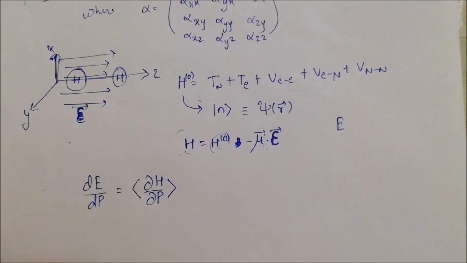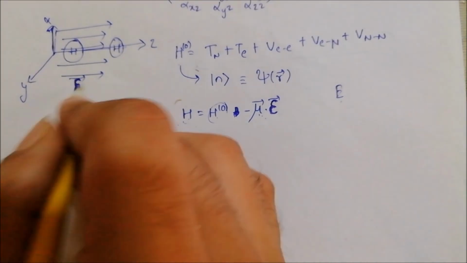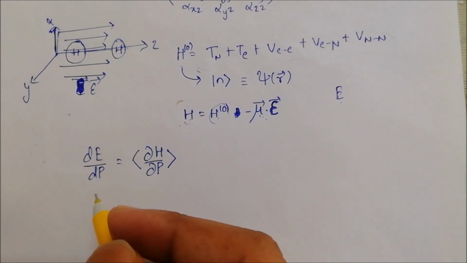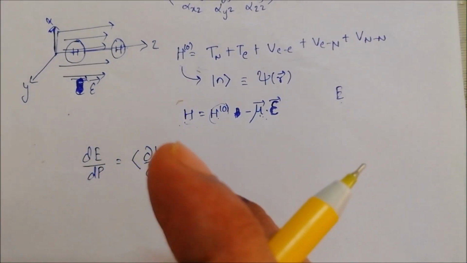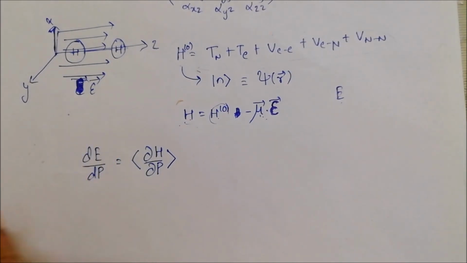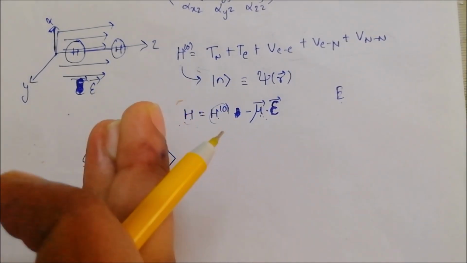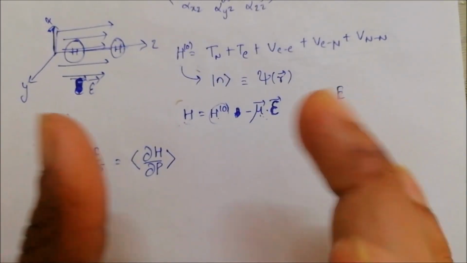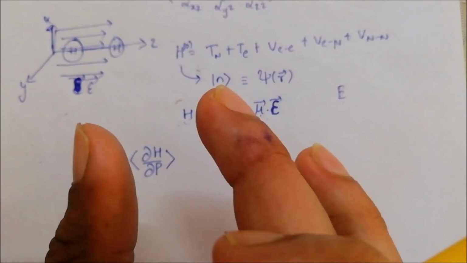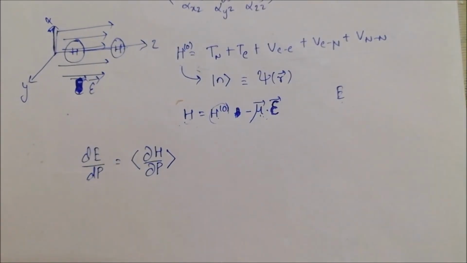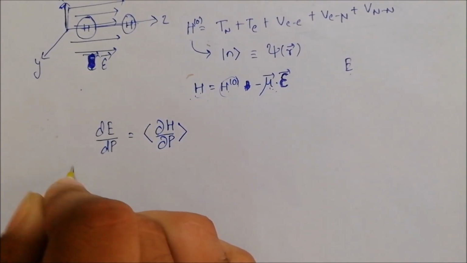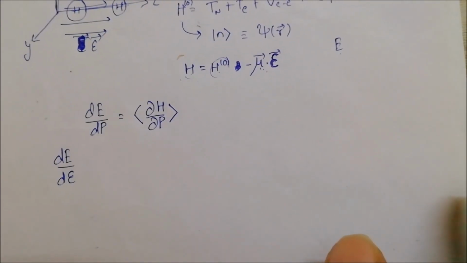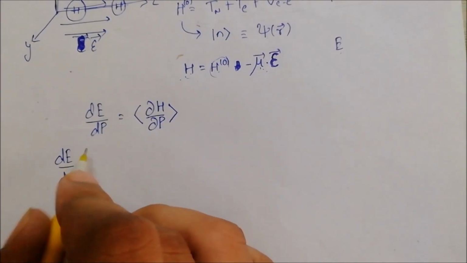So here, suppose we take this electric field as the parameter, and now what we do is, keeping the hydrogen molecule along the z-axis and the electric field along the z-axis, we now change the magnitude of the electric field. So we increase the electric field, or decrease, or maybe do some variations in the magnitude of the electric field, and we want to know the change in energy that will occur due to this change in the static electric field magnitude.